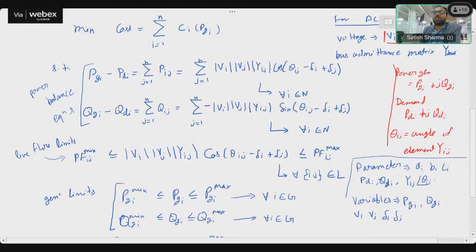For a particular element, whatever is the angle of that particular element, both of these are parameters. I think this covers both equations. Now if we look at the third equation, one more term is there, which is the power flow max between i and j. Is there anything else in parameters?